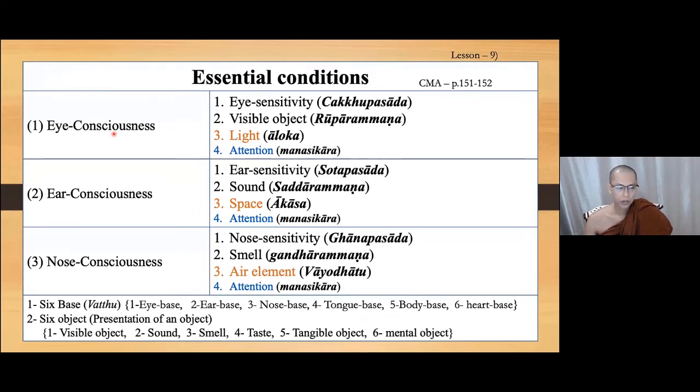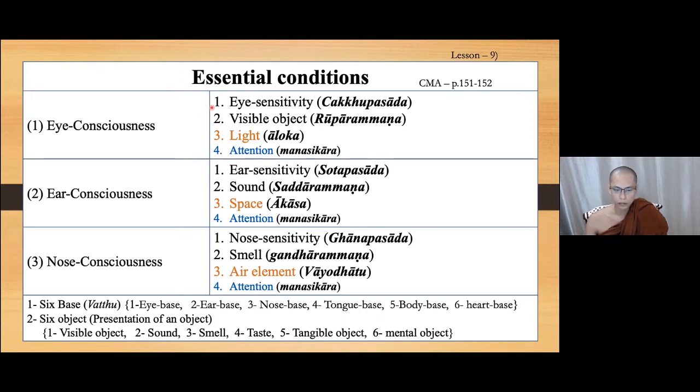So how can they arise? Eye consciousness arises depending on the four conditions. The last condition, attention, is always present in every process, every type of consciousness, so it is the most important. But by the absence of any other condition, the consciousness also cannot arise.